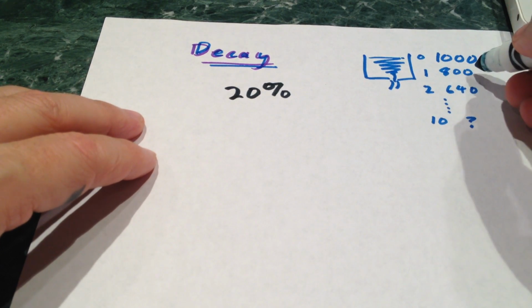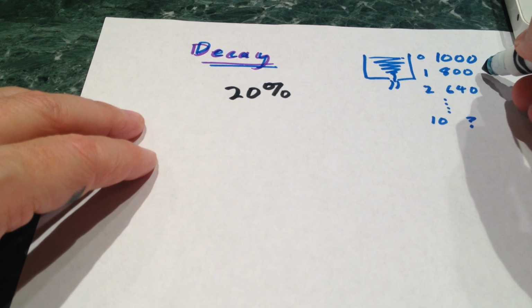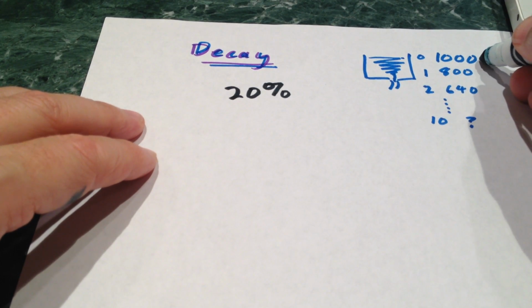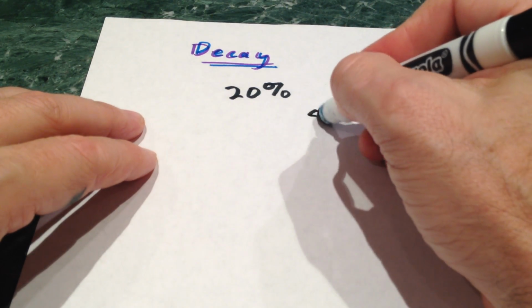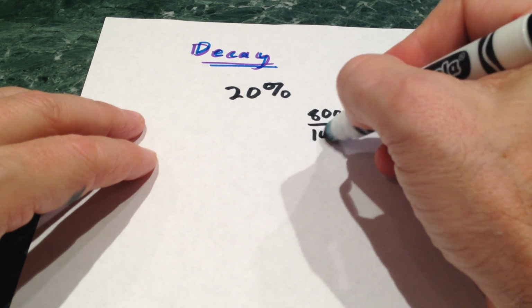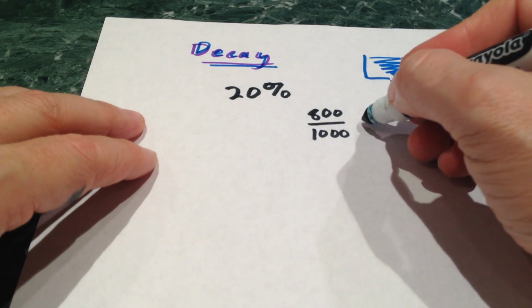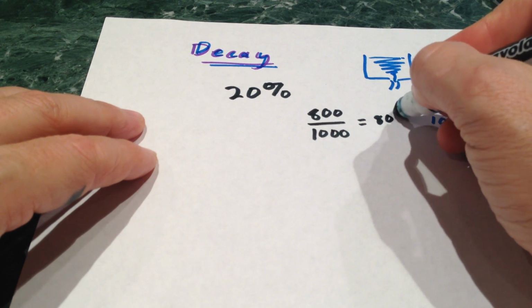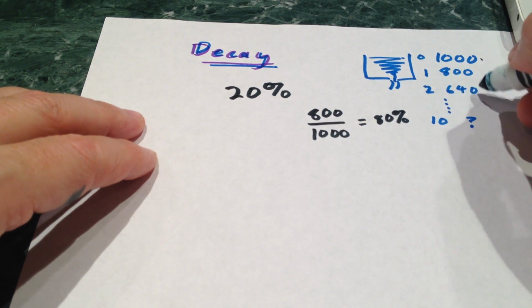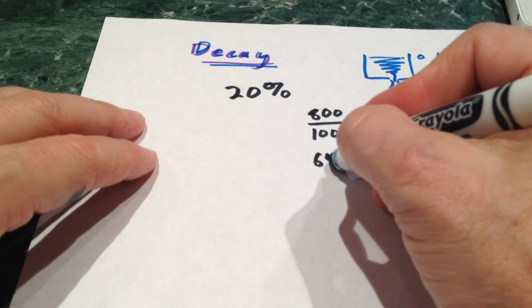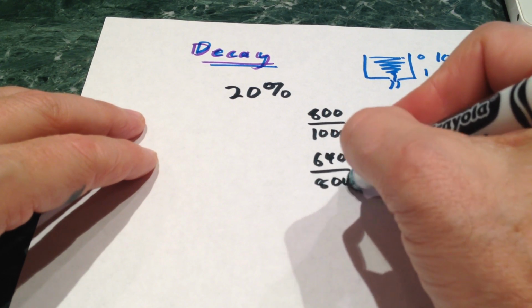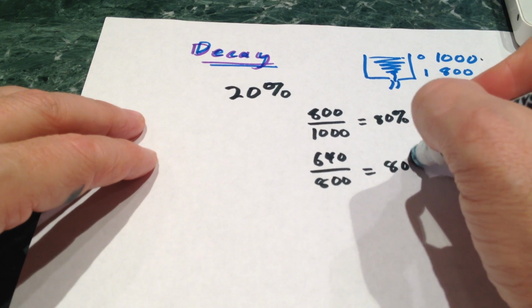And I know that because based on these numbers, I kind of jumped right over to that, 80 divided by 100, 800 divided by 1,000 is going to be 80%. And 640 divided by 800, if we're being consistent, is also going to be 80%.